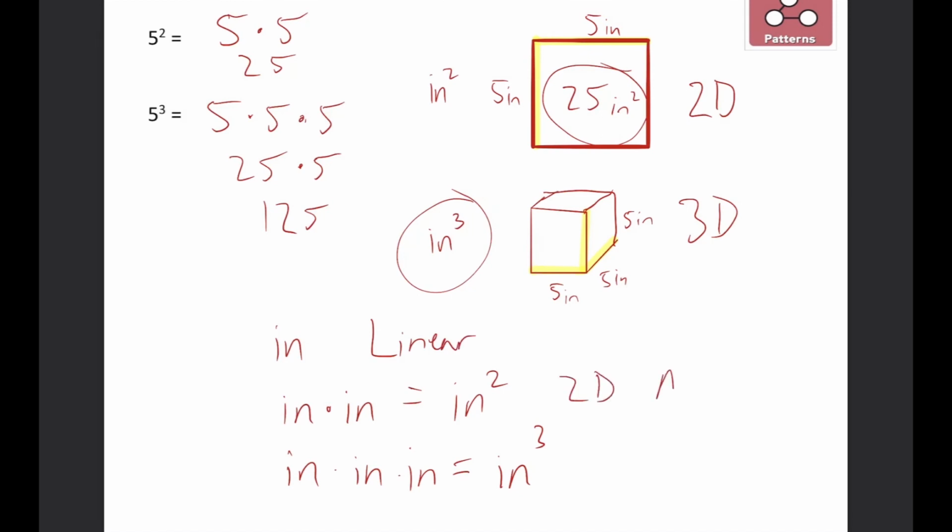This here is going to be 2D, or area. And this is going to be 3D, or volume. So just a little tip: if you see inches, linear; inches squared, area; inches cubed, or centimeters cubed, or whatever your unit of measure is, cubed, then it's going to be volume.